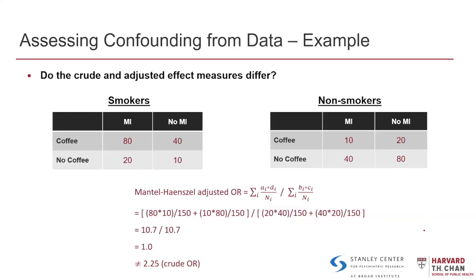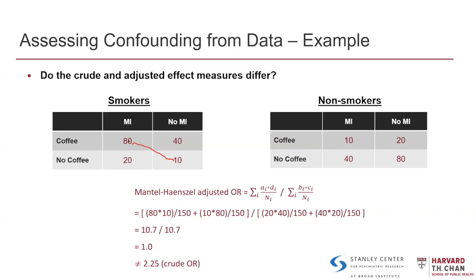So now we can use the idea of pooling to try to calculate an adjusted estimate. I know this may be too much information, but what we are essentially trying to do in pooling, or in applying a Mantel-Haenszel adjusted odds ratio, is taking the products of the diagonal cells from our stratum-specific effects and dividing them by the total number that we have.